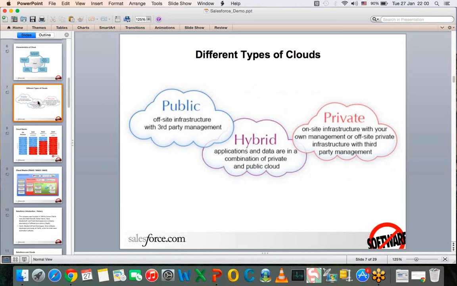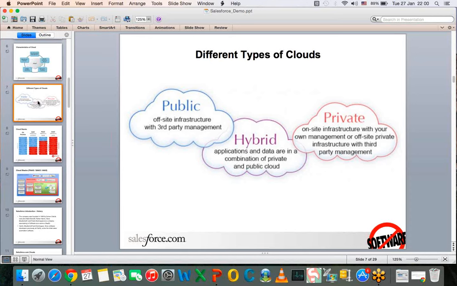But when it comes to private, it's only meant for a company's internal usage. Private clouds are used when there is highly sensitive data on the cloud. At that point, they build their own private cloud to ensure that their data is not exposed to some other malpractice.